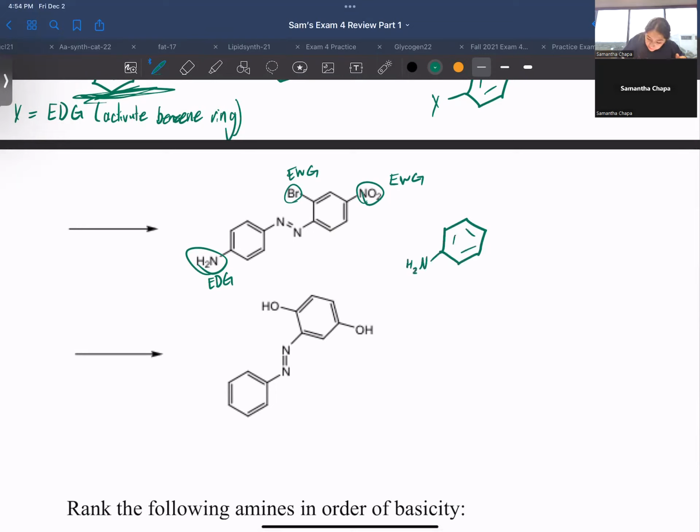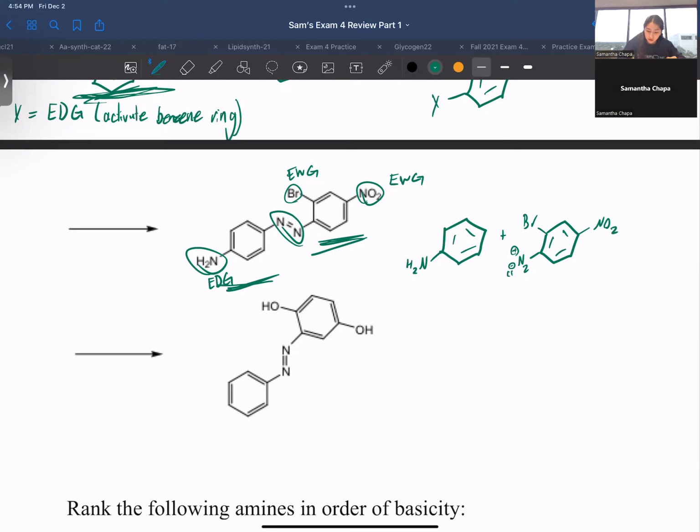So when you're deciding where the N2 plus goes, on the left benzene ring or on the right one, make sure it goes on the right one with all the electron withdrawing groups. N2 plus Cl minus, and put all your substituents.